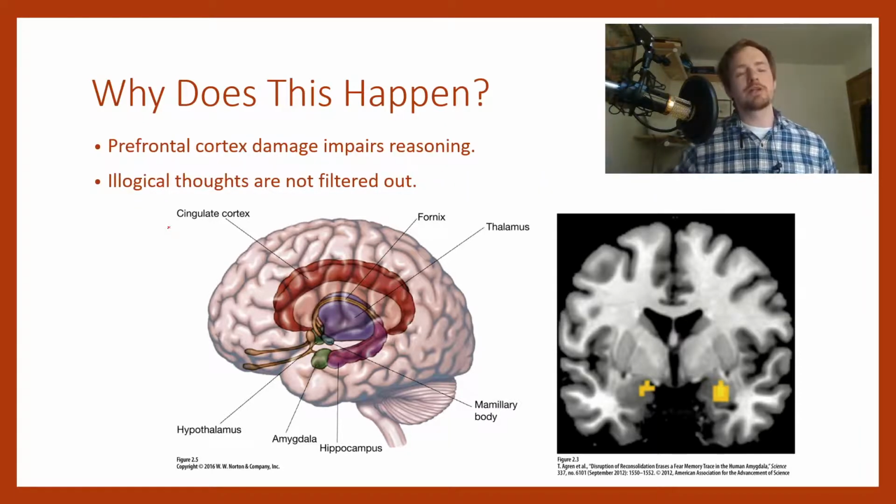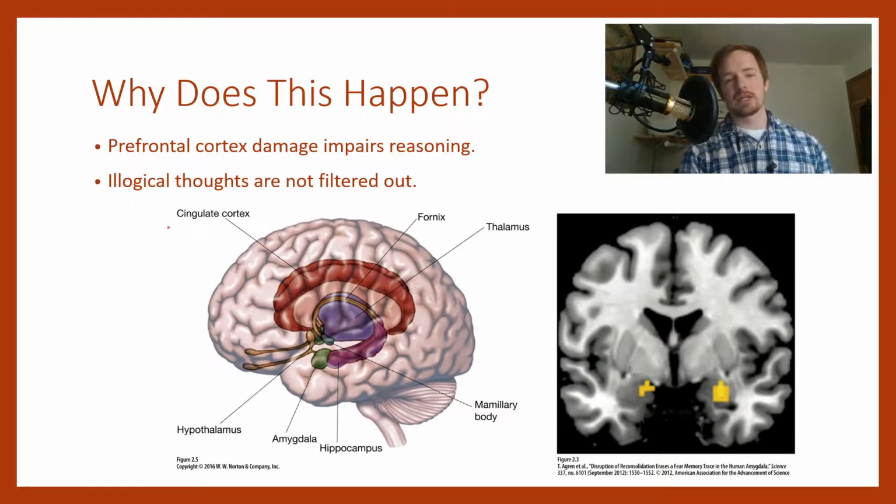We also found out that there's certain parts of the prefrontal cortex that seem to be impaired, so it's not able to communicate with other parts of the brain. So these illogical thoughts, these delusions, are not completely filtered out. That can happen if you were to damage part of your prefrontal cortex, like Phineas Gage.